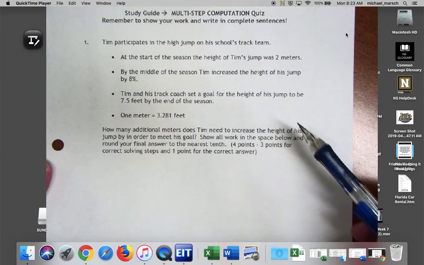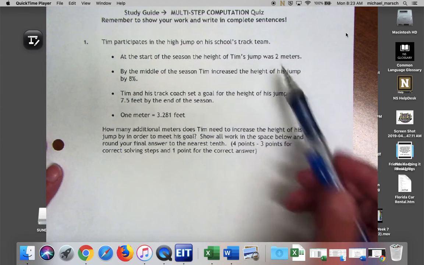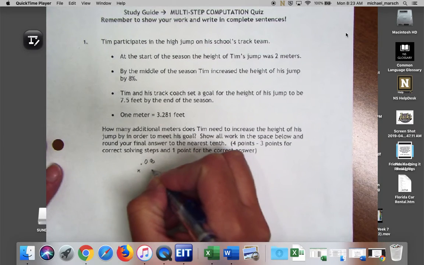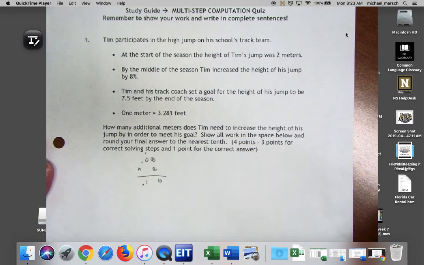Okay, so the first thing I'm going to do is I'm going to find 8% of 2 meters. So I'm going to do 0.08 times 2, and I'm going to get 0.16.